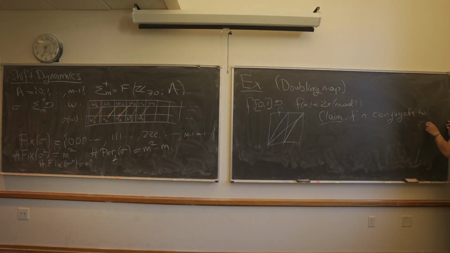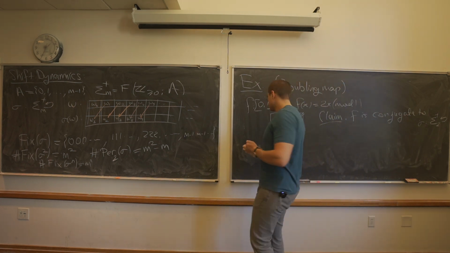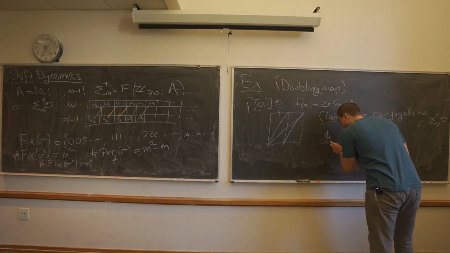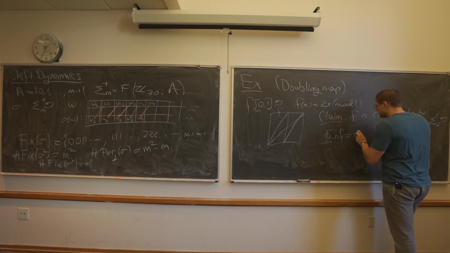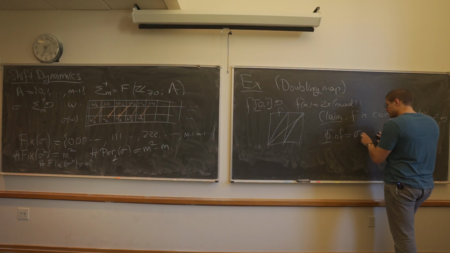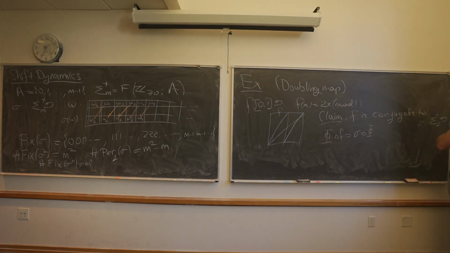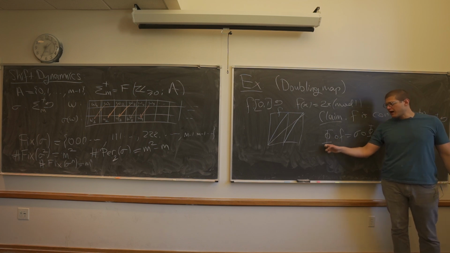Now, how can I build something like this? So I want a function phi that solves this functional equation. Now we cannot just plug things in. I don't really have a sense of how this phi should look.